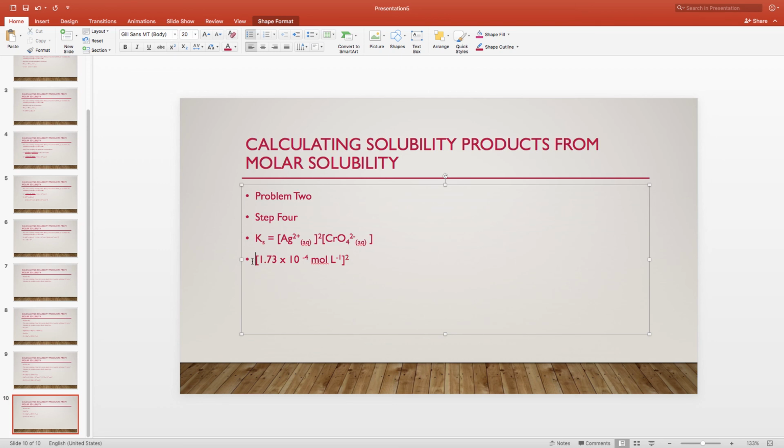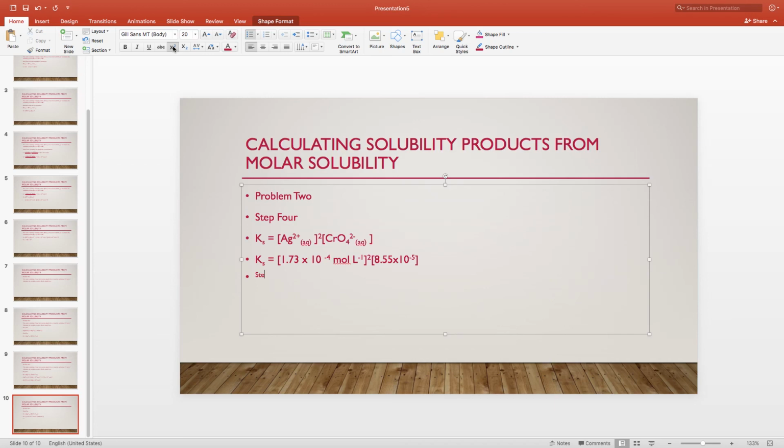So what we've got here is Ks equals concentration of the silver squared times the concentration of the dichromate. We do the math and compute.